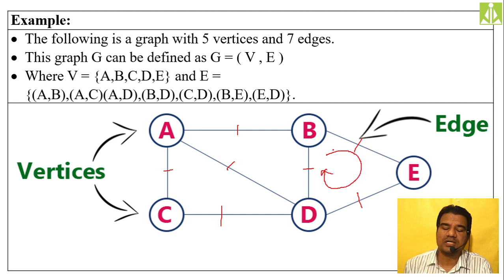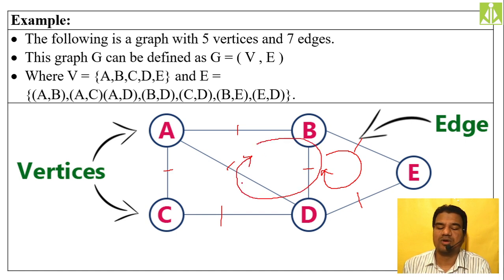So it is not a tree data structure. Here also you can go like this: B, E, D, C, A, B. Like that you have another path also. Because of these many reasons, as it is having many loops, this particular data structure is a graph, but it is not a tree because it is having loops.